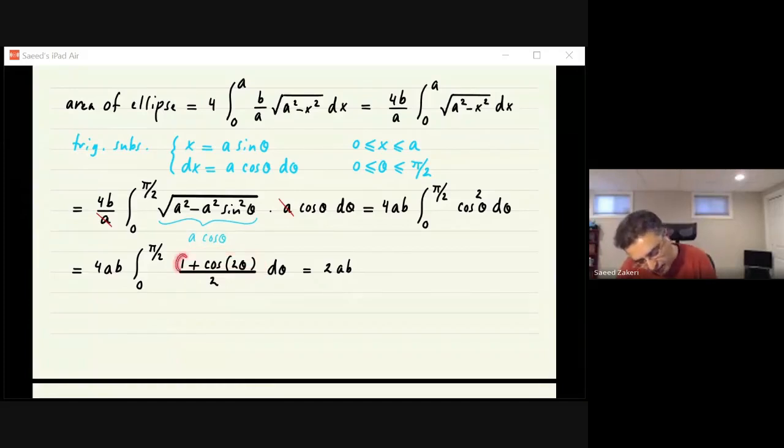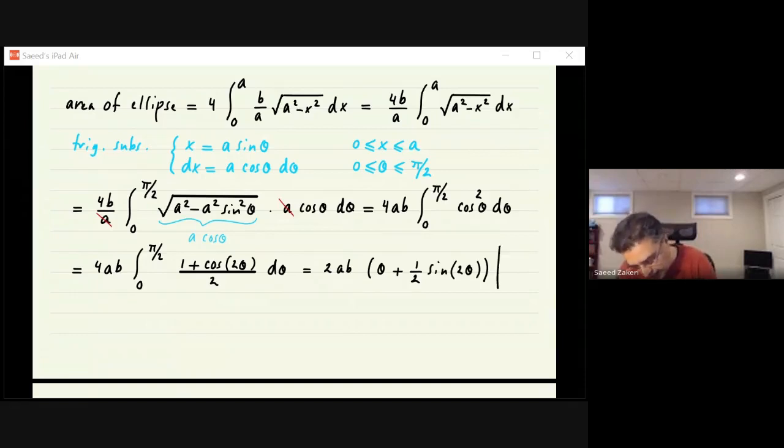And now I'm trying to find the antiderivative. Antiderivative of 1 is theta. Antiderivative of cosine 2 theta is 1/2 sine 2 theta. So that's the antiderivative of 1 plus cosine 2 theta.